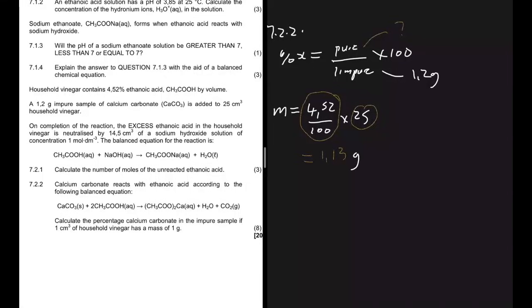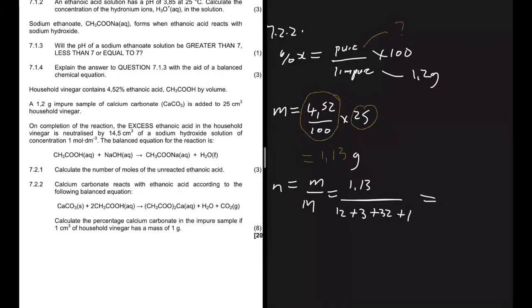And from this 1.13 grams, we can then calculate the number of moles of ethanoic acid initial, right? So we're gonna say the number of moles is equal to the mass, obviously, divided by the molar mass, which will be 1.13 divided by the molar mass of carbon is 12 plus 3 for the 3 hydrogens plus 32 for the oxygens plus 1, right? So let me punch this in my calculator real quick and see what I get.